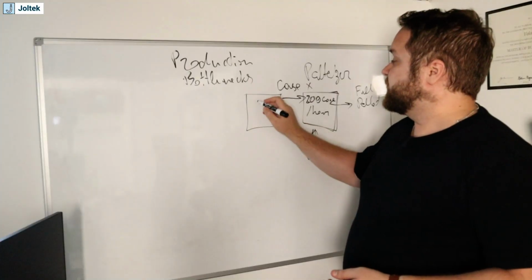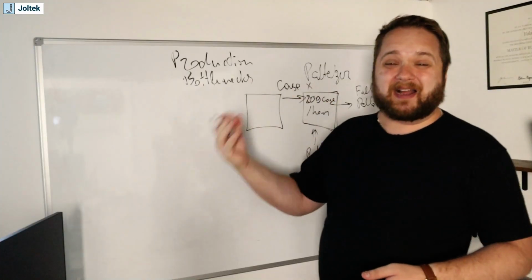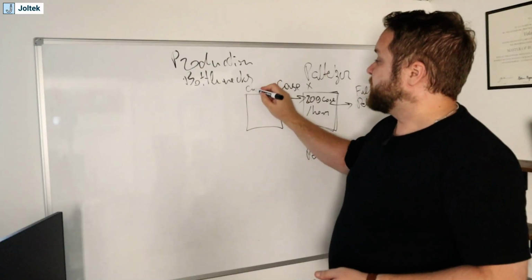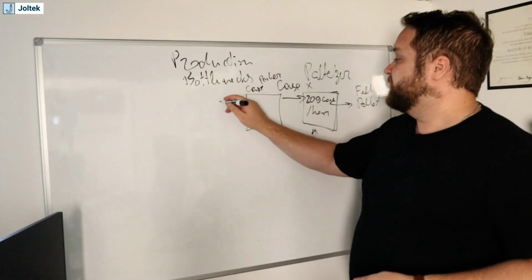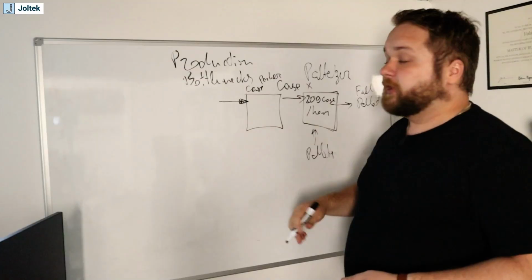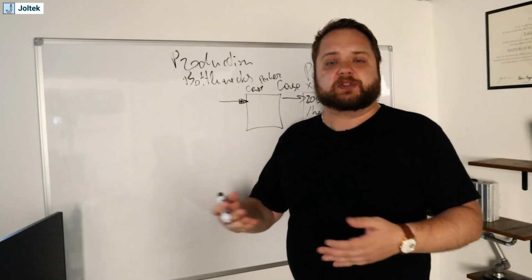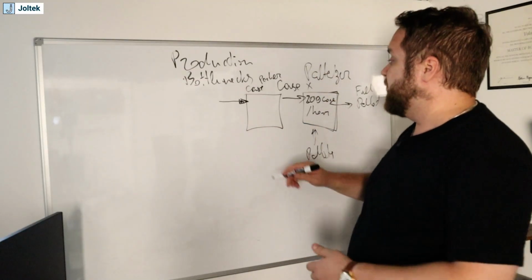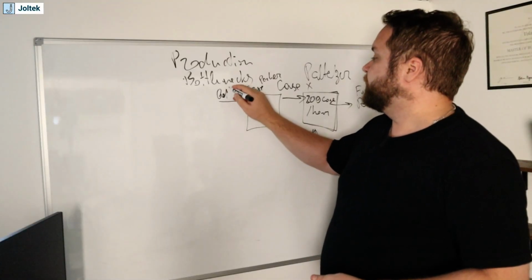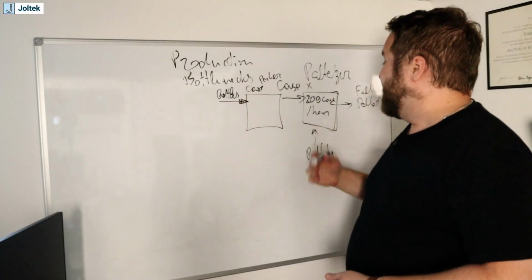So in this case, let's assume that the machine that feeds the palletizer is the case packer. The case packer is going to receive packages that need to be put in cases. So let's assume it's bottles that are put into cases that are then palletized. Here I'm going to say bottles at a specific rate.